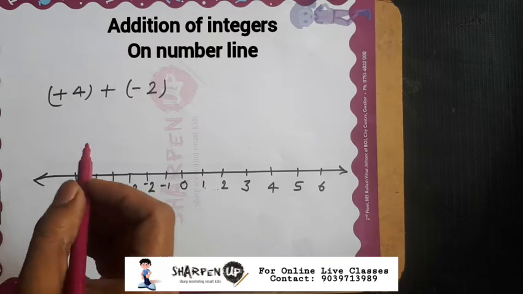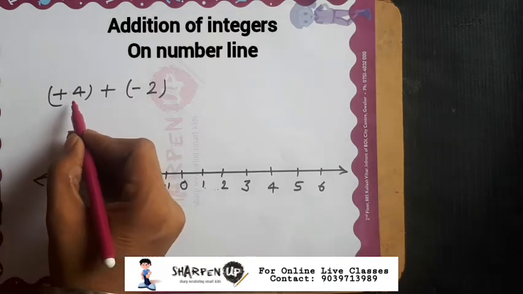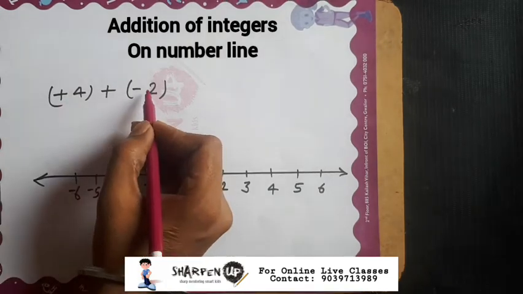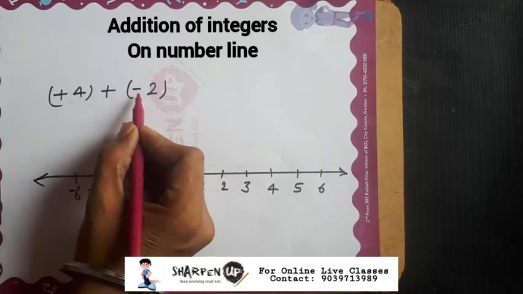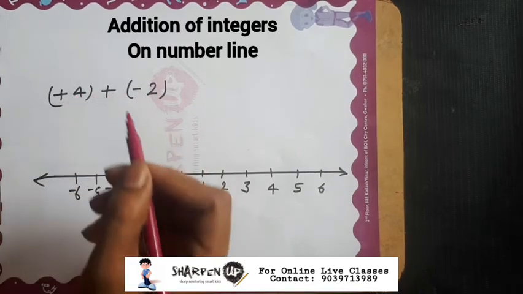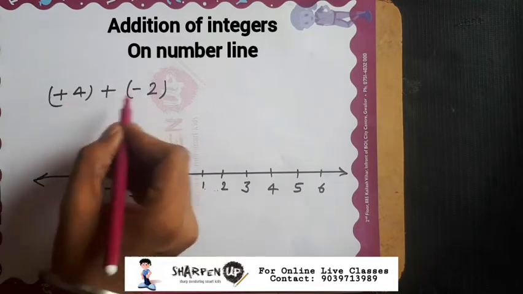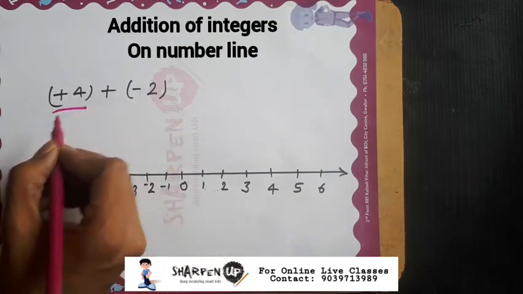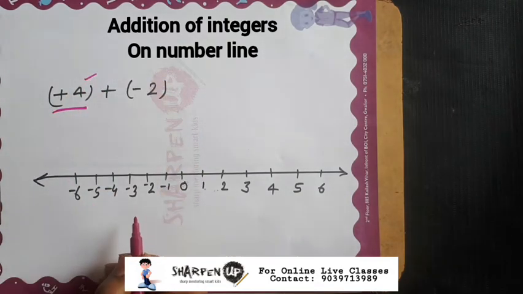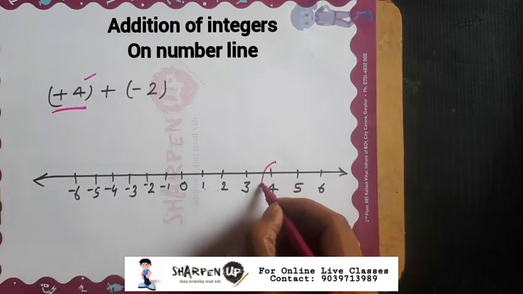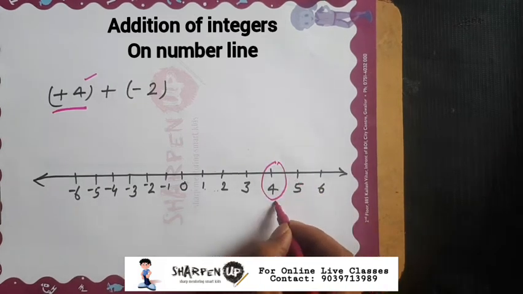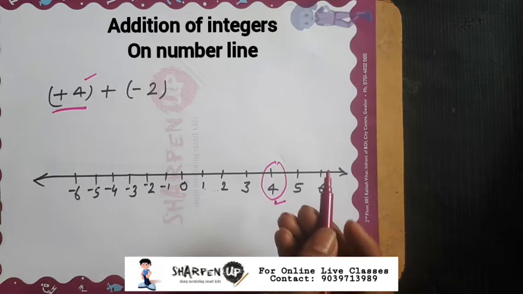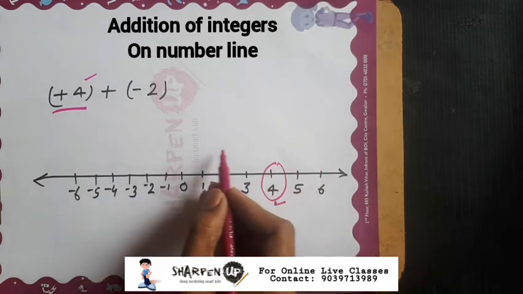In another example, we have two integers plus 4 and minus 2, and we are adding minus 2 to plus 4. If I represent this on the number line, this number represents where we are. So right now we are at plus 4. Which direction do we have to go, right or left?